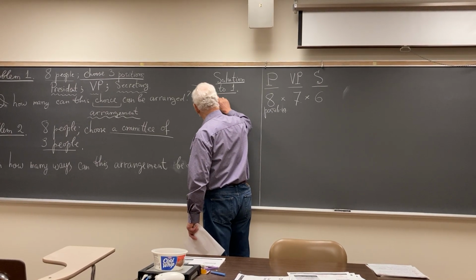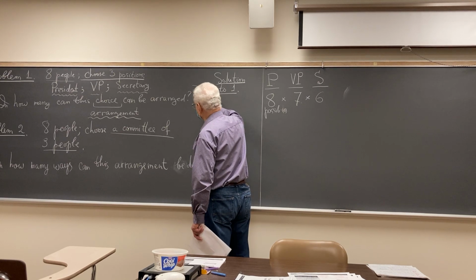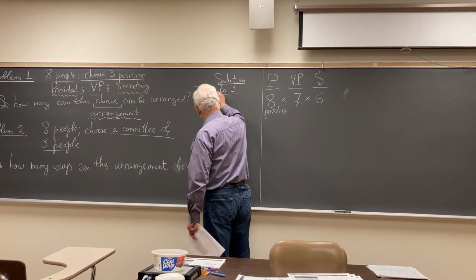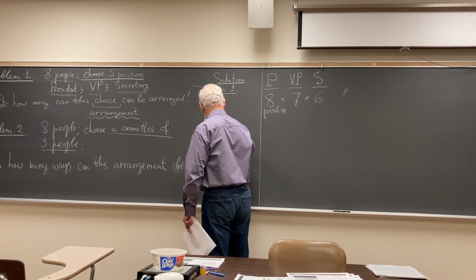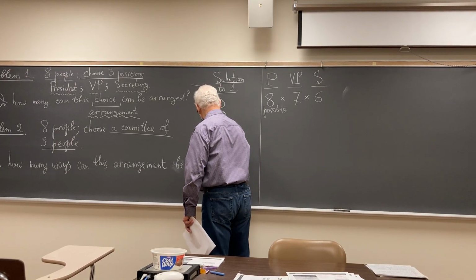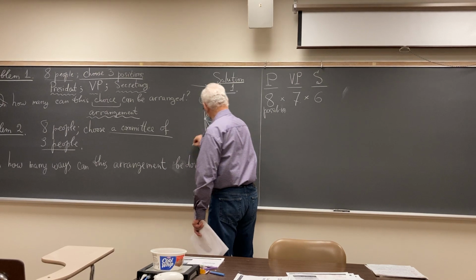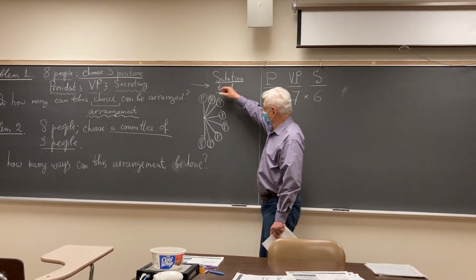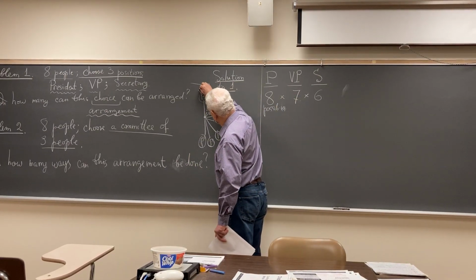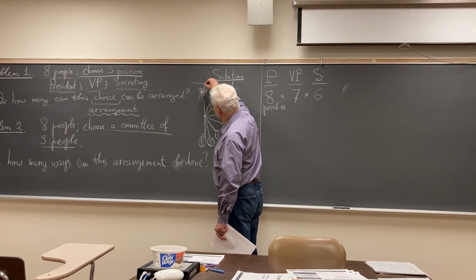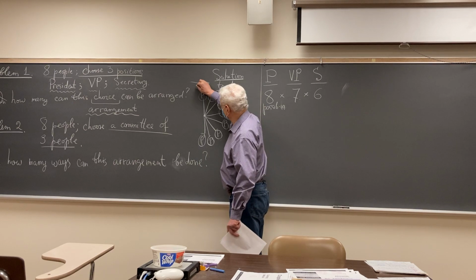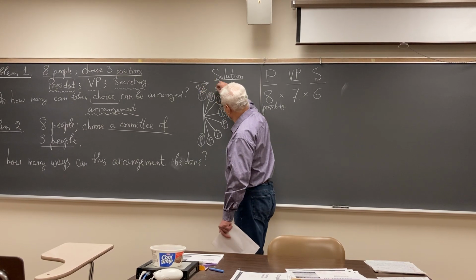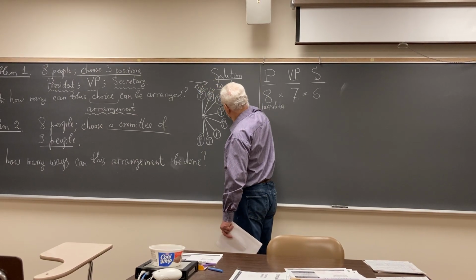Either this person is president, or that one, or this one. Now, for each one, you have to draw 7 segments, and right here is vice president, VP. I will not write it down. Do the same in each one.